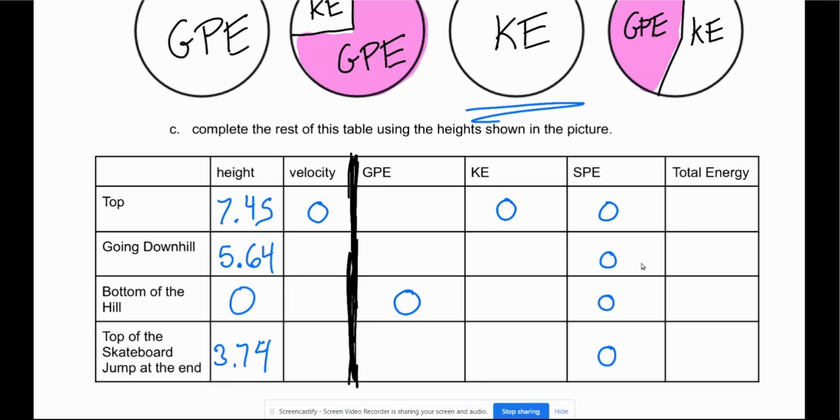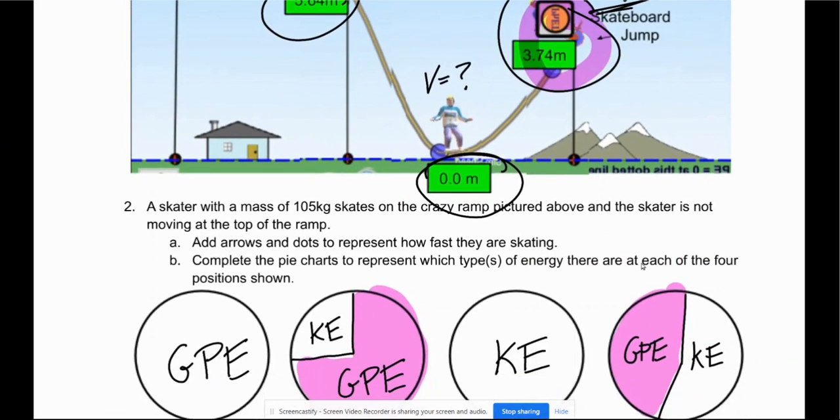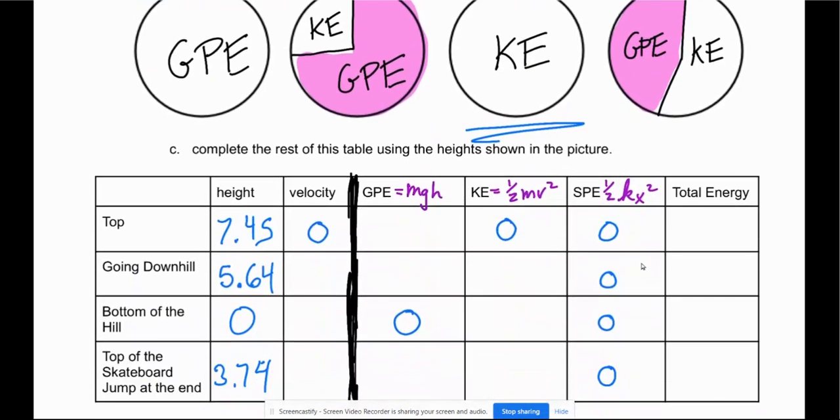All right, so the only thing we have to do next then is to use our equations, and I'm going to write those in. And we're going to solve for these energies and then fill in our total energy. So gravitational potential energy is equal to mgh, where m is mass, g is 9.8, and height is how high you are. So the mass of this thing, it says, was 105 kilograms.